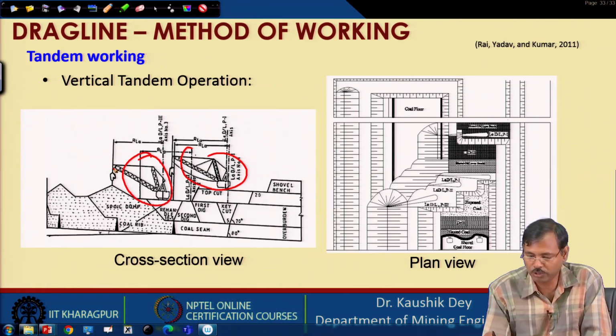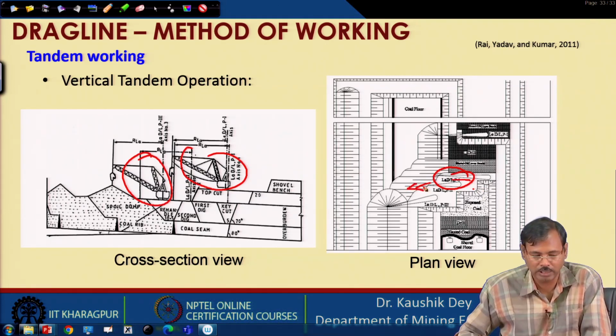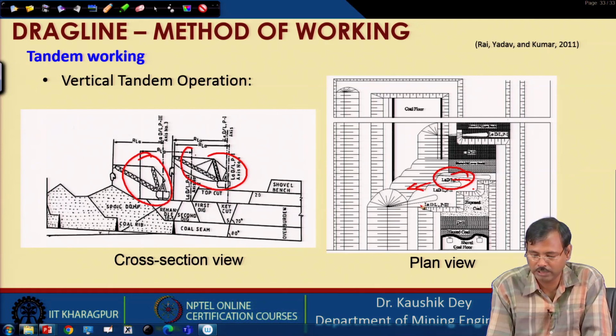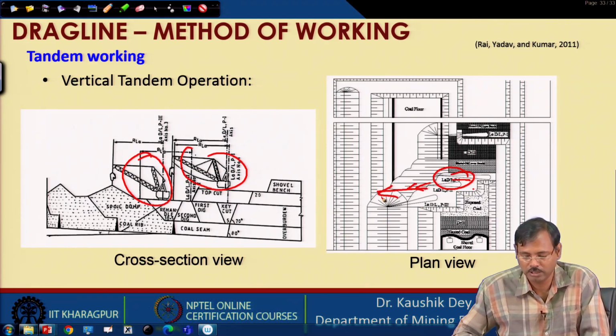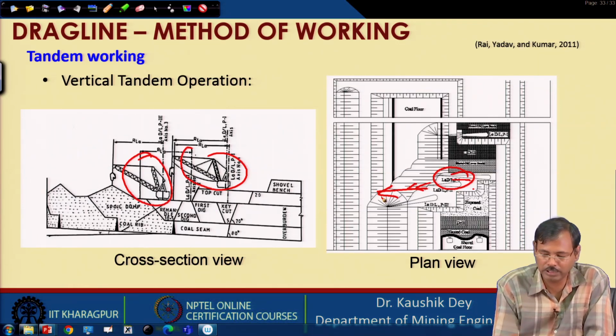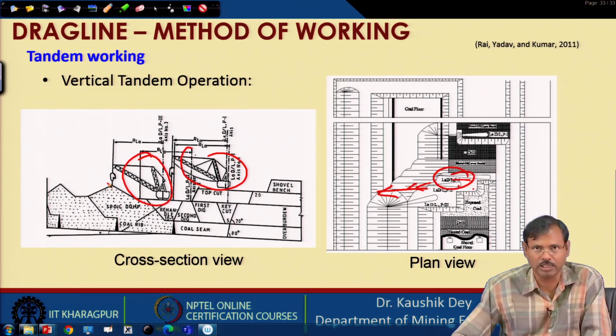The first one, working at this position, is basically taking the material and moving it towards the second one at the lower elevation, and it is dumping that material to a longer distance. So, it is giving from the upper to the lower one, and this lower one is taking that and removing it to a longer distance.